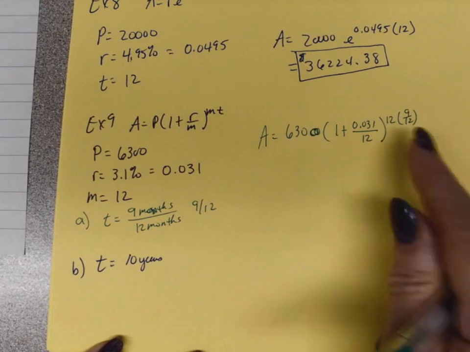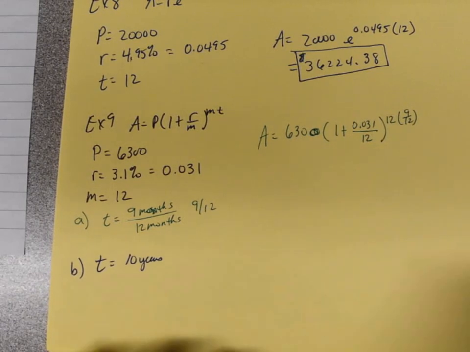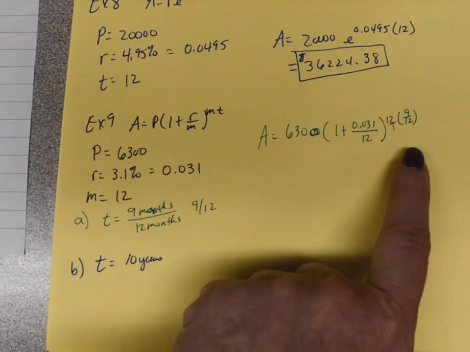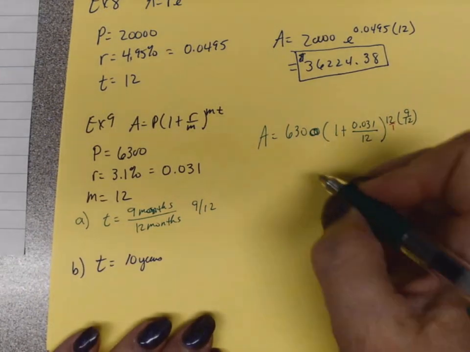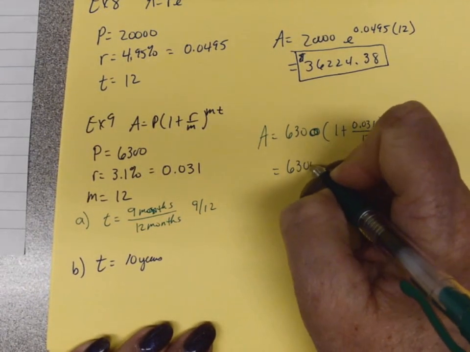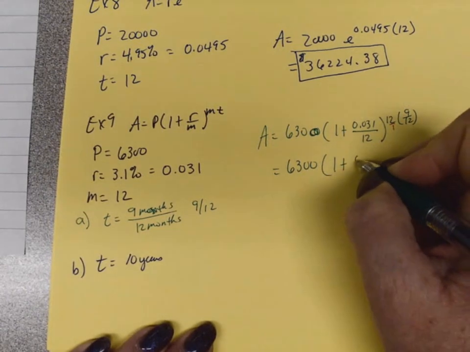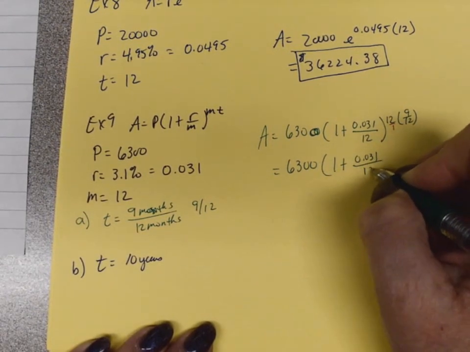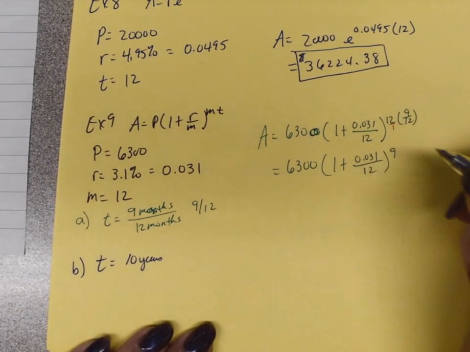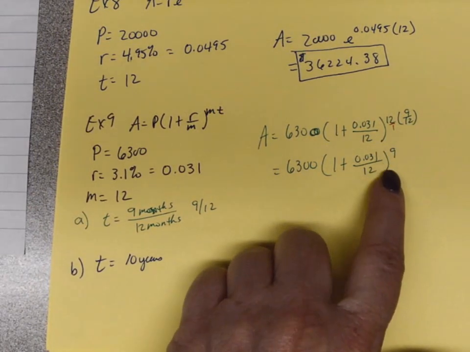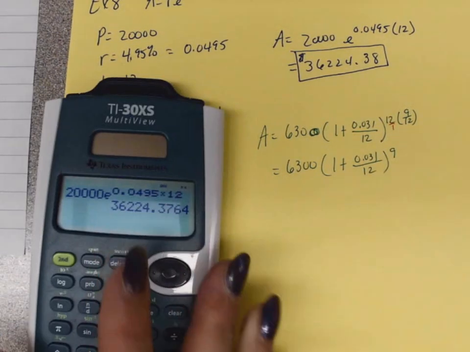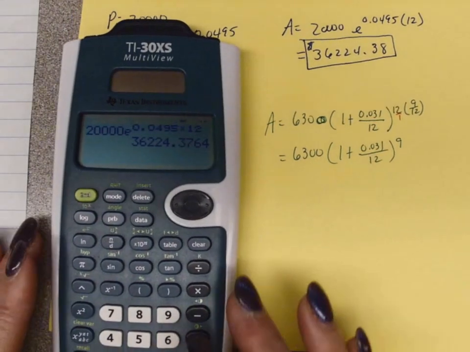Now, this is like 12 over 1. So if we're putting this in the calculator, the 12s will cancel and we can just put in 9. So that would be the same thing as 6,300 times 1 plus 0.031 divided by 12 to the 9. If you don't like that reducing, then you can just still put it all in. All right, so let's go put this in our calculator.